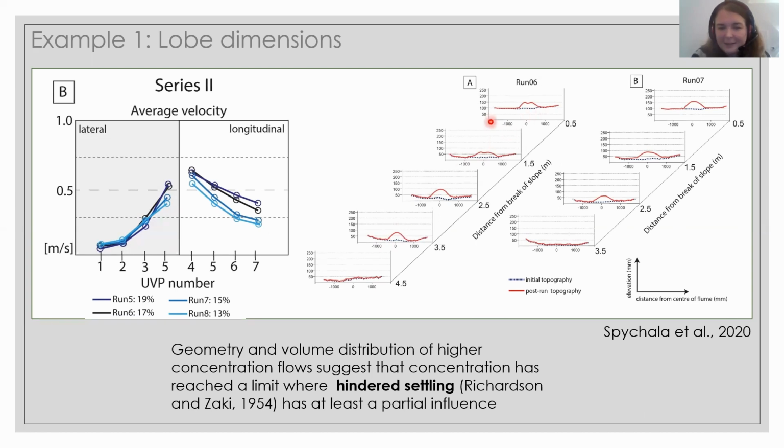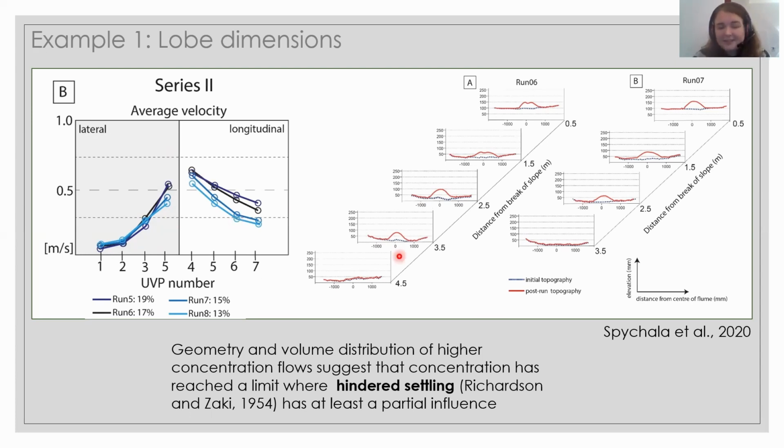There was still a lot of bypass happening in the proximal area, whereas we don't really see these indents in the lower concentrated flows. And overall, you can see, of course, that higher concentrated flows have a slightly higher starting velocity, and also the velocity loss doesn't happen quite as fast as with the lower concentrated flows.